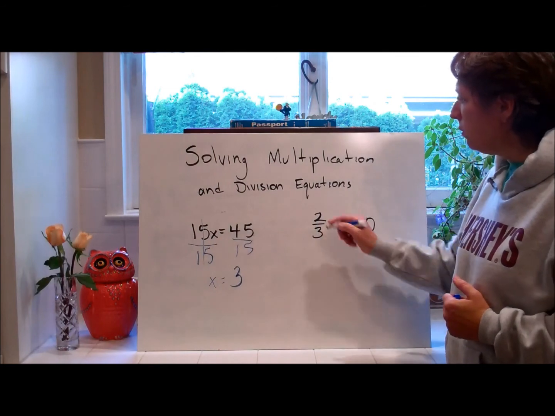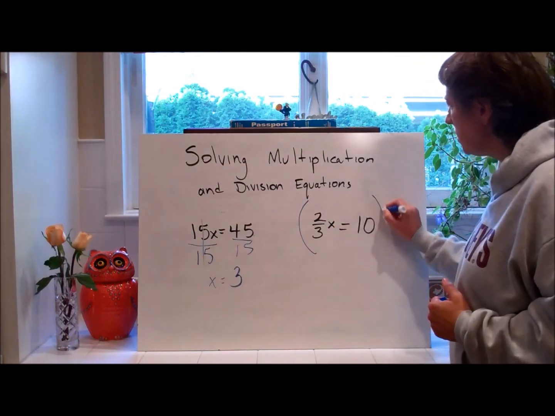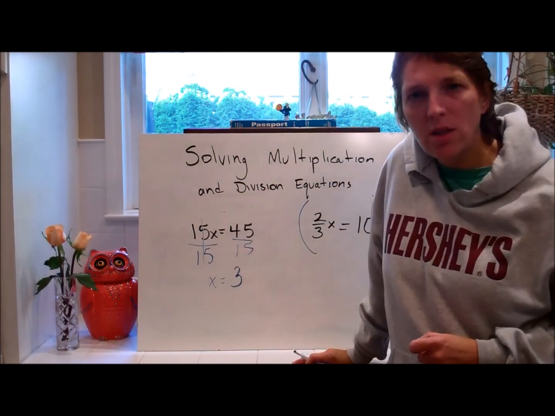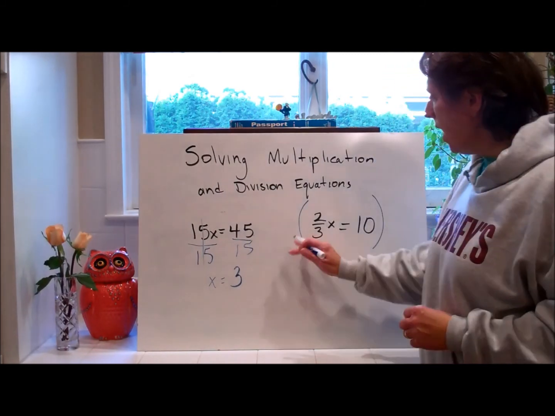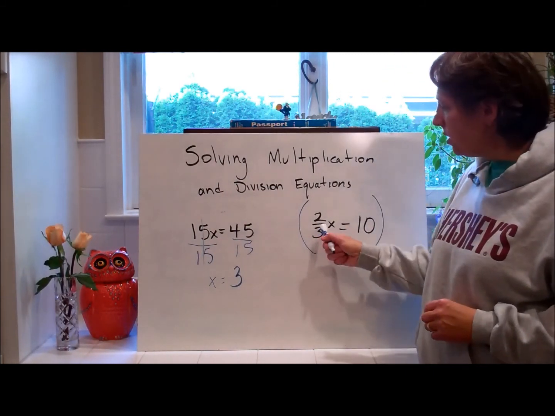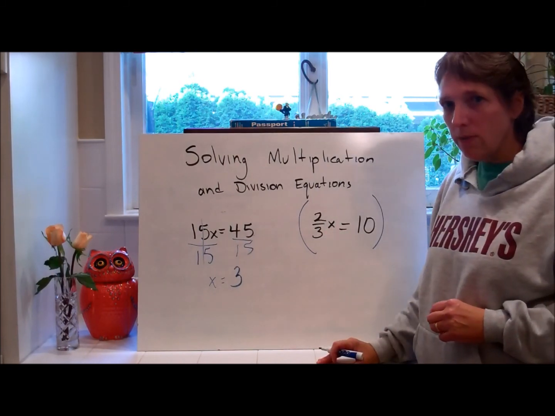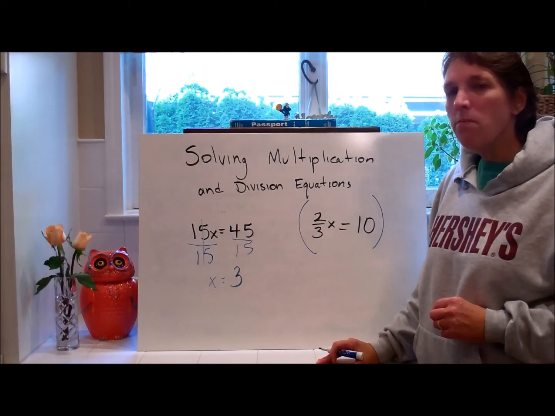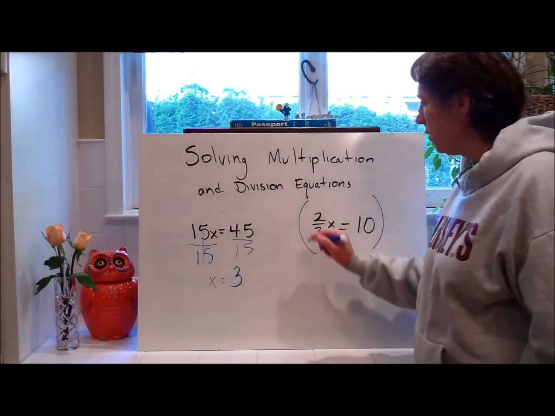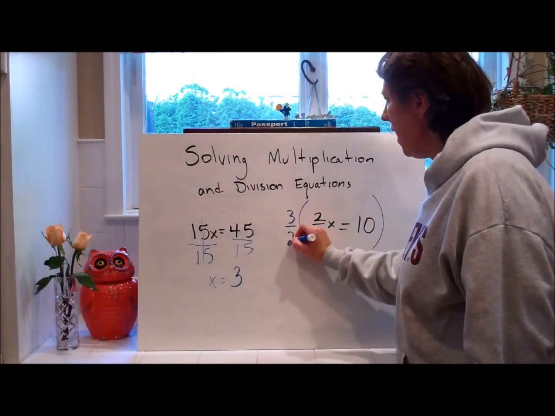So we're going to multiply by giant parentheses. This is how you must show your work. Giant parentheses. Whenever you see a fraction as a coefficient, you're going to take the reciprocal of the fraction and multiply both sides by the reciprocal. So it becomes 3/2.